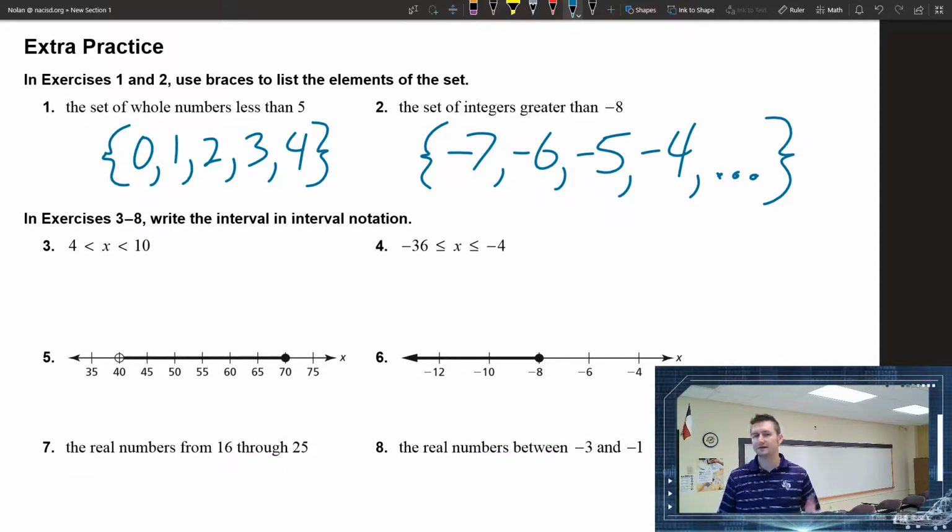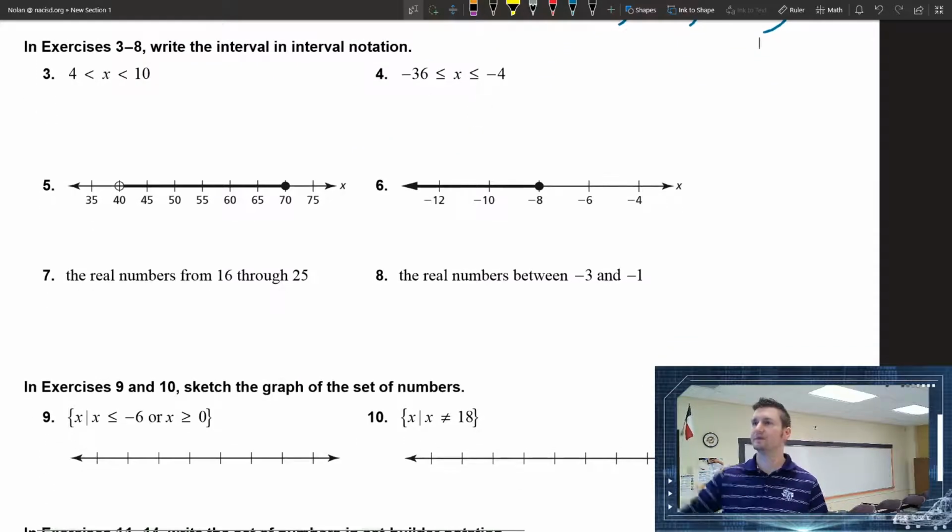All right, let's look at these next exercises. In these exercises, we're going to write the interval in interval notation. Remember, interval notation has parentheses or brackets surrounding the endpoints. So number 3. x looks like it's going to be between 4 and 10, all the numbers between 4 and 10.